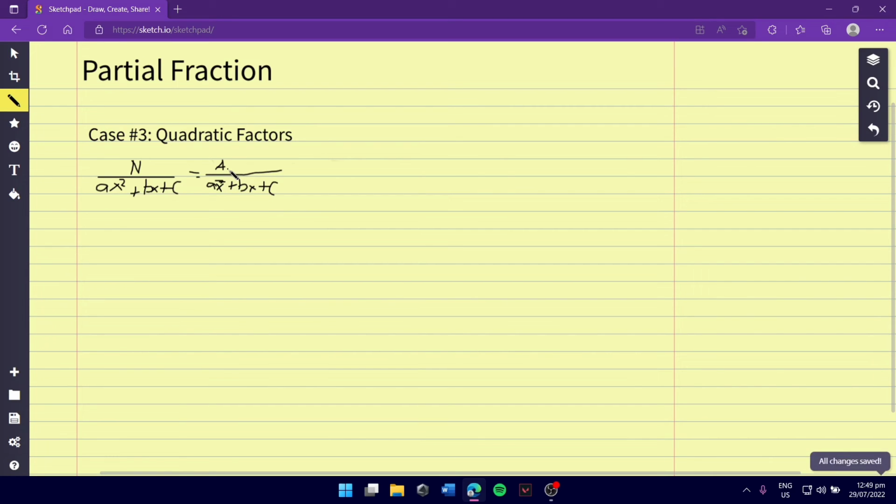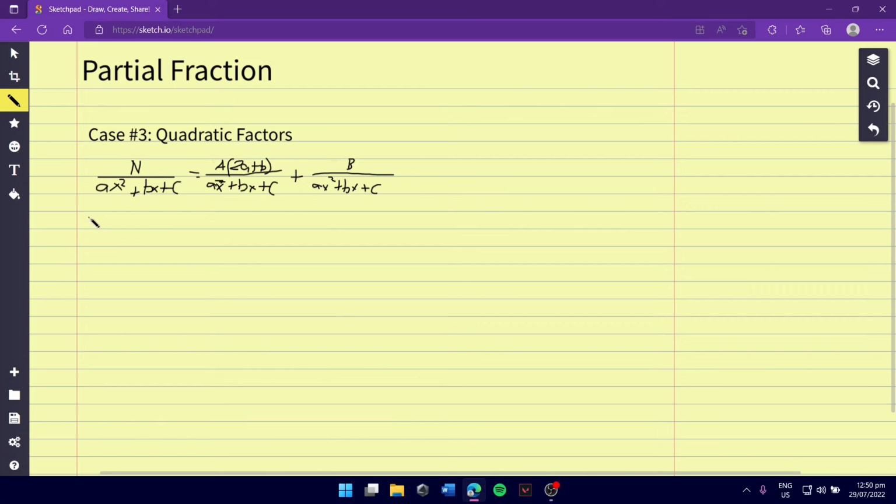For A, it will be multiplied by the derivative of the denominator. The derivative of ax squared plus bx plus c is equal to 2ax plus b. So this will be multiplied to A, and then add your B. So B here will be over ax squared plus bx plus c. So now we have our formula.